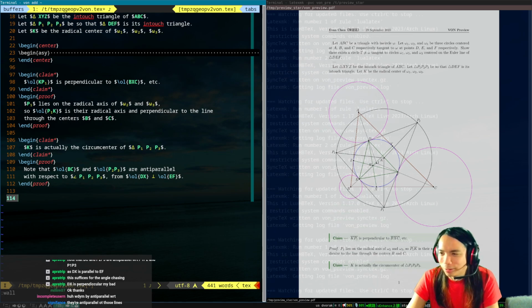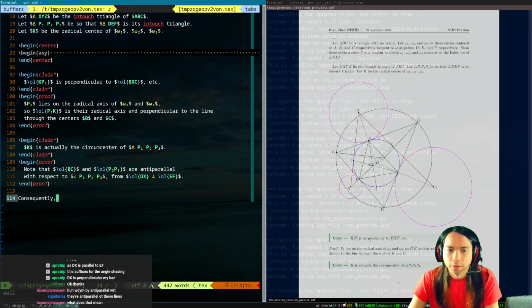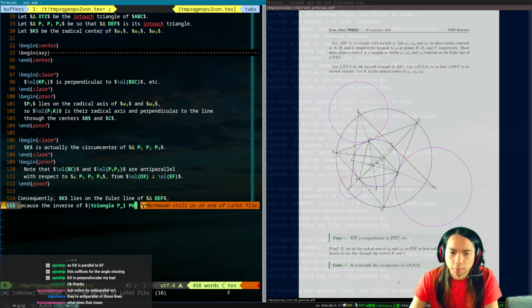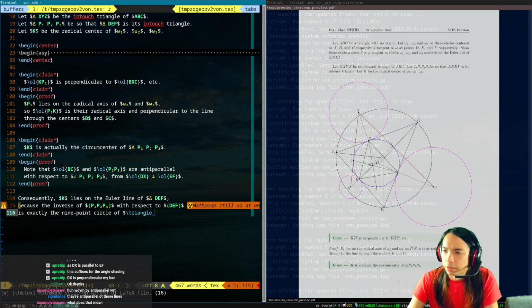So consequently, K lies on the Euler line of triangle DEF because the inverse of P1P2P3 with respect to the incircle is exactly the 9-point circle of triangle DEF.